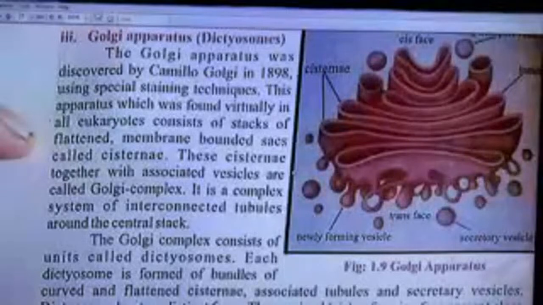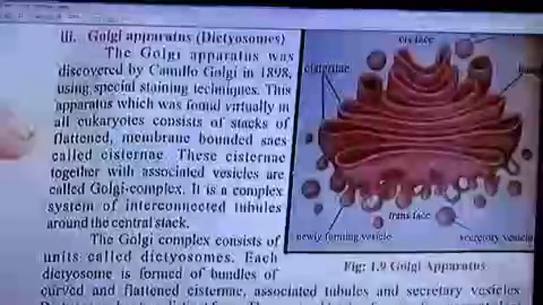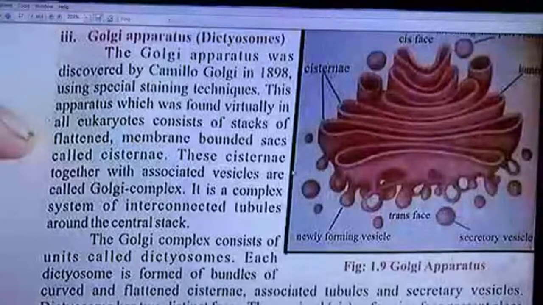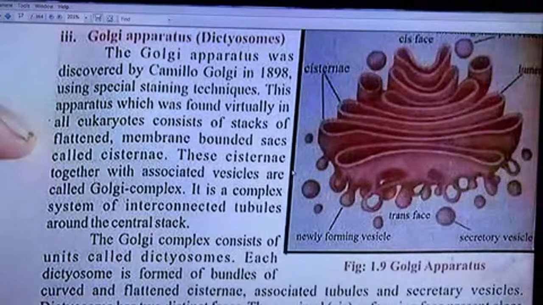Golgi apparatus. The Golgi apparatus was discovered by Camillo Golgi in 1898 using special staining techniques. This apparatus, which is found in all eukaryotes, consists of stacks of flattened membrane-bounded sacs called cisternae.